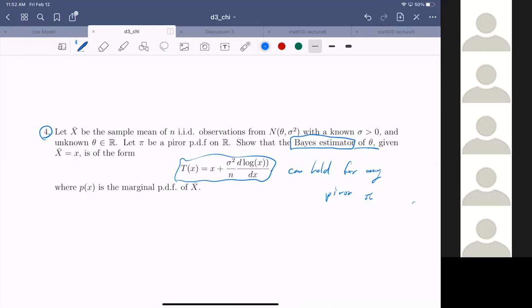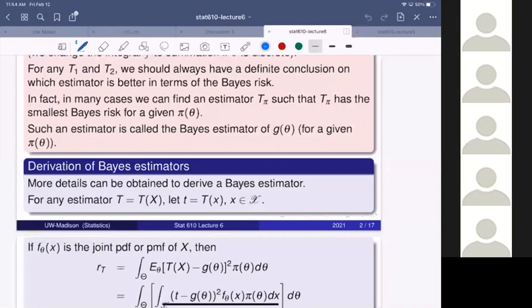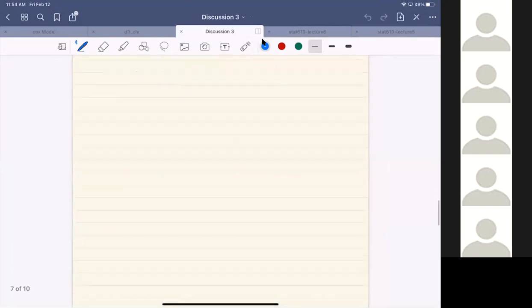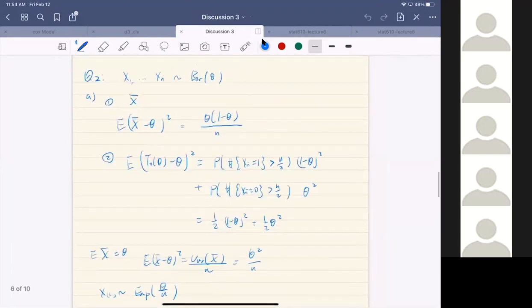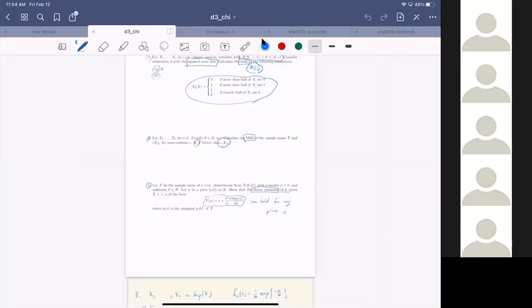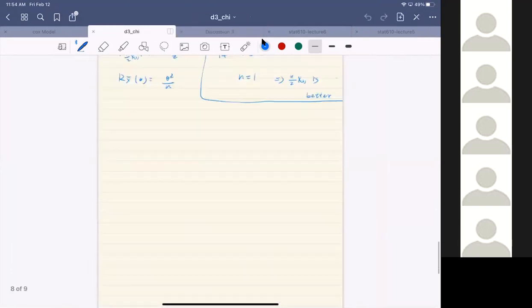Hi. For problem 3, did we find that the sample mean is best if n is at least 2? Yes.